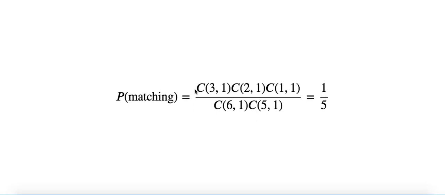And in the numerator, we pull out 1 out of 3 pairs, and within that pair, we pull out 1 out of 2 socks and the other one out of 1 remaining sock. By taking the ratio of those implicit permutations, we reach exactly the same result as in our first case.